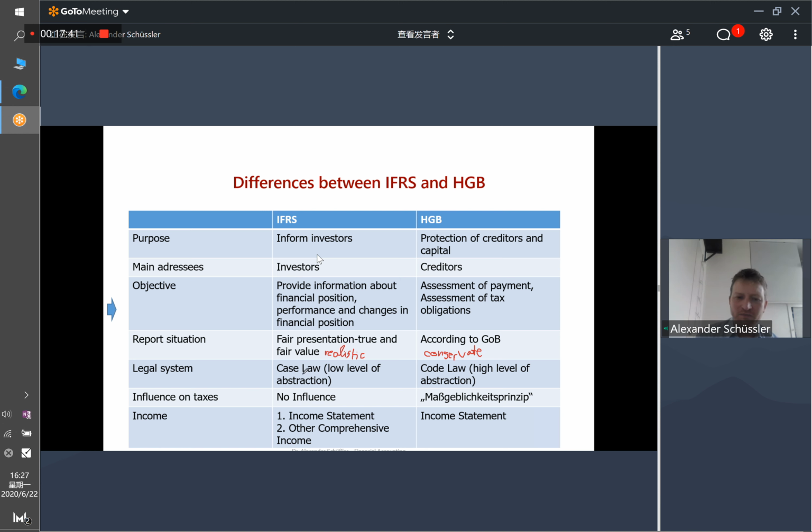Case law means there is a rule for every case. Yeah, that's why it's called case law.